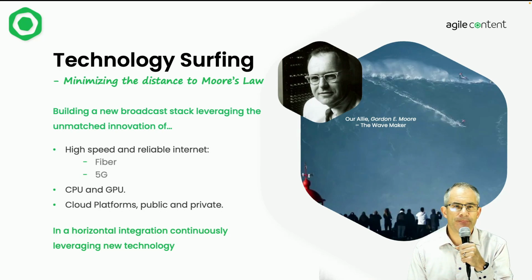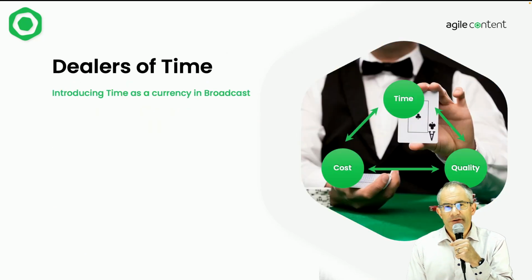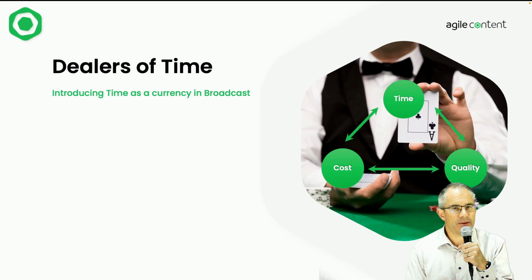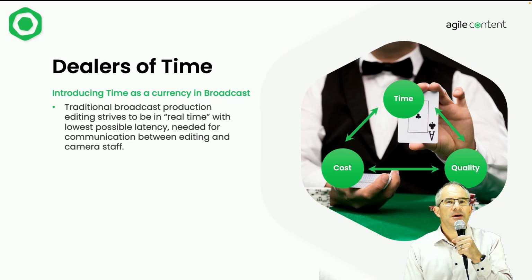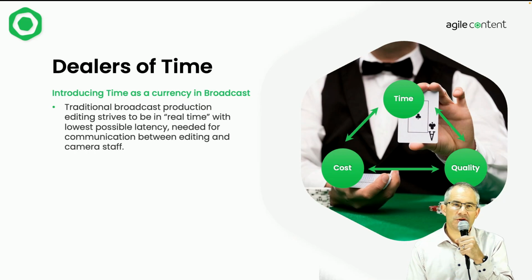There's another very interesting benefit of this solution, and this solution comes with a concept for managing time and synchronizing different video flows. And that means that you can do something that we haven't really been able to do in broadcast so far. So in traditional broadcast, all the production happens as if it was real time, meaning that all the commands and so on you do that within the real time flow.